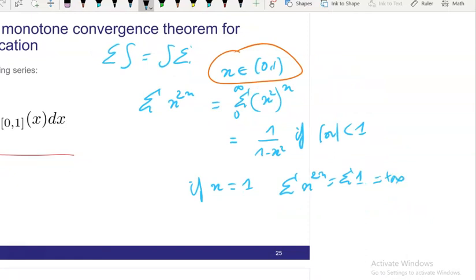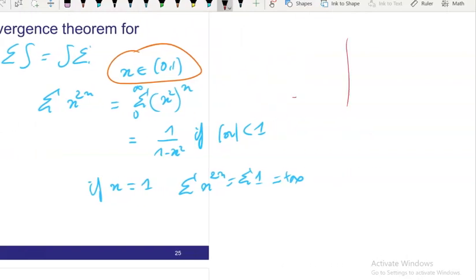However, you see that the value that is problematic, well, maybe let's try to represent the limit function. The limit function of this series is going to be 0 outside of 0, 1, and otherwise it's going to be 1 over 1 minus x.